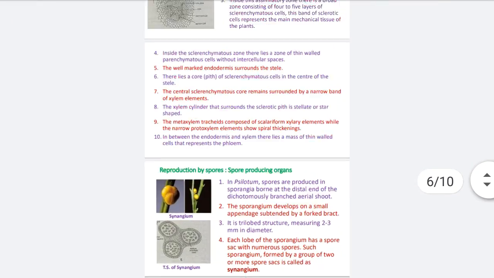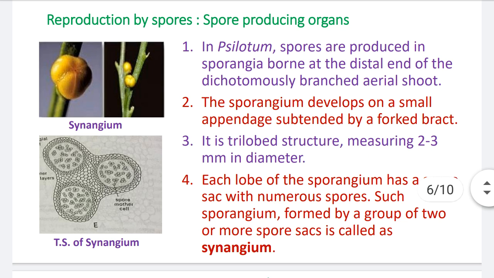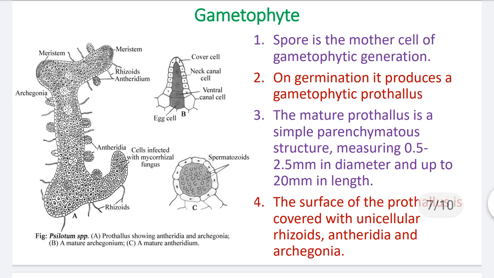Then the spore producing structure in Psilotum is the synangium. These synangia are trilobed structures and produce many spores, and these spores are nothing but the mother cells of the prothallus, or mother cells of the gametophytic generation. So in today's lecture we are starting with the gametophyte of Psilotum.